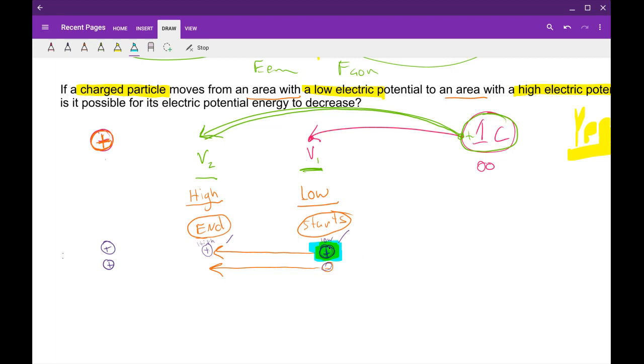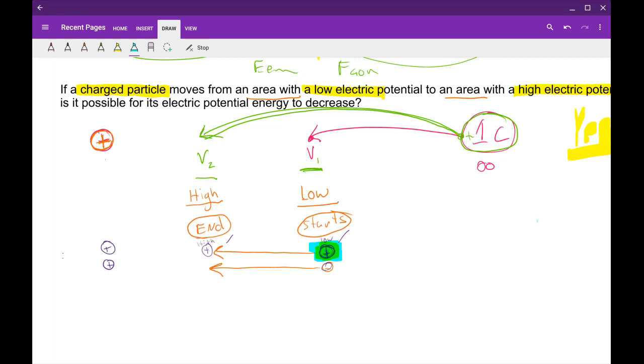So basically, moving from here to here, I have a low potential energy and then a high potential energy, when I had a low electric potential and a high electric potential.